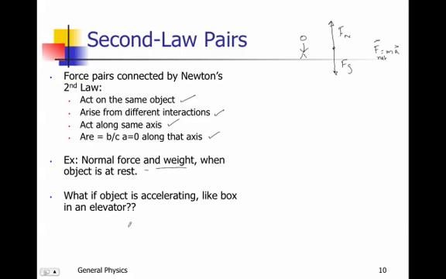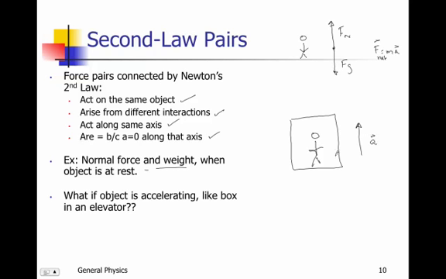But what if the object is suddenly accelerating? Let's say instead that my person is in an elevator that's accelerating upward. Try it out. We have some force scale kind of things that you guys could take in an elevator and try it.